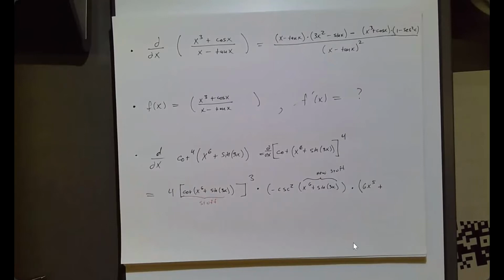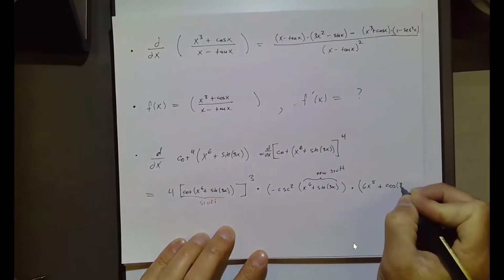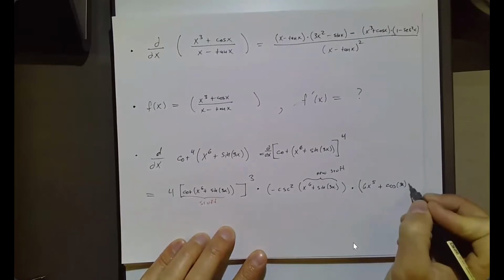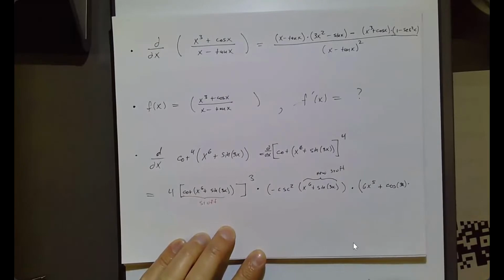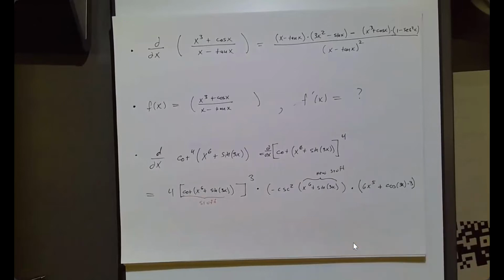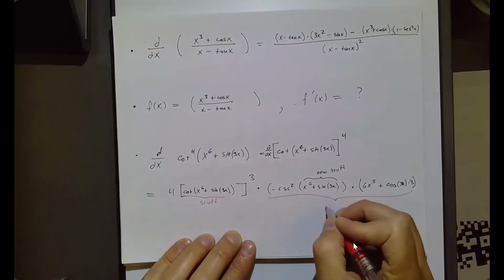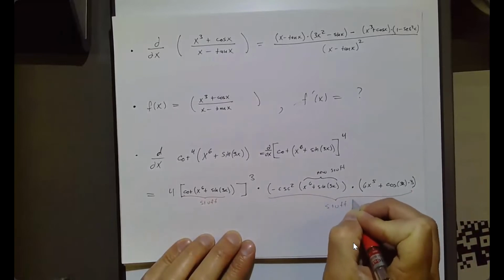The derivative of sine of 3x is cosine of 3x times the derivative of 3x. Because again, the chain rule. So here's 4 times my stuff cubed, and here is the derivative of all that stuff.